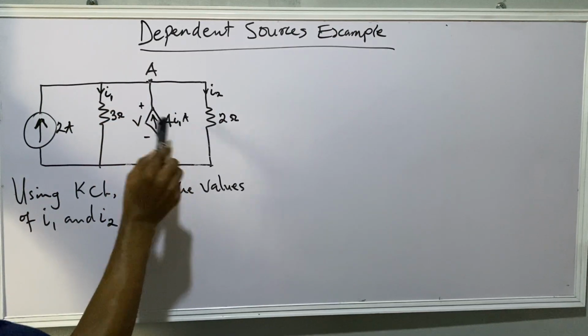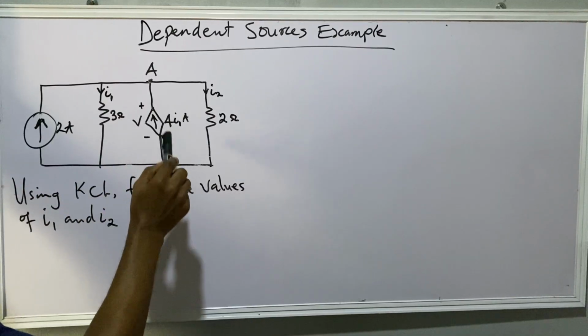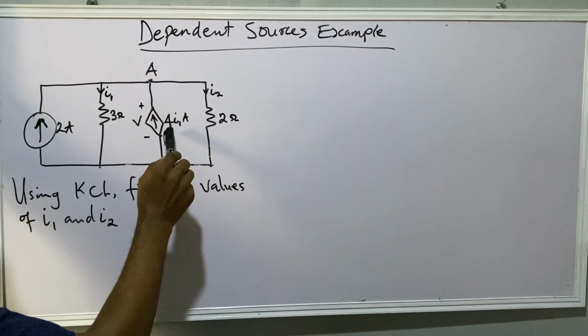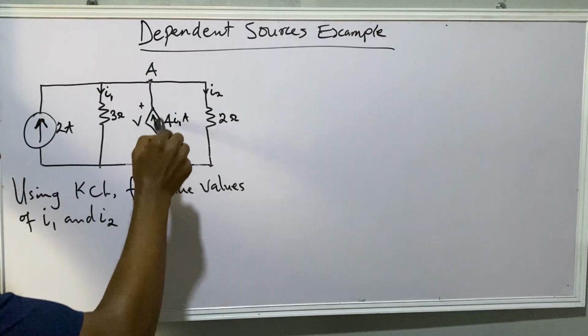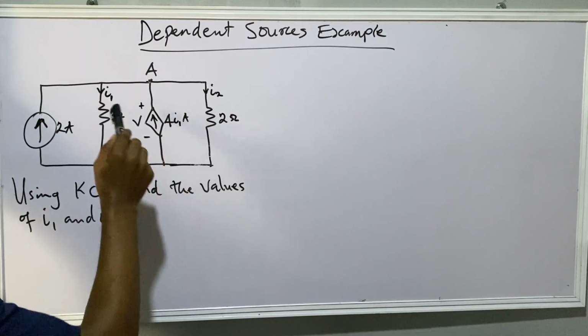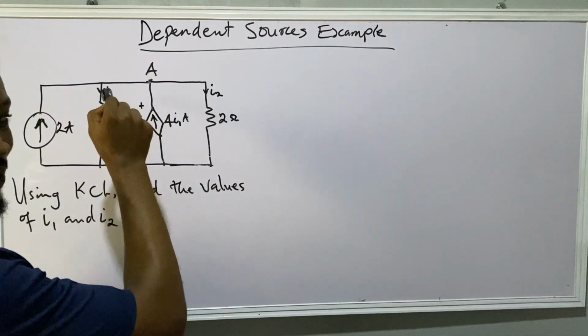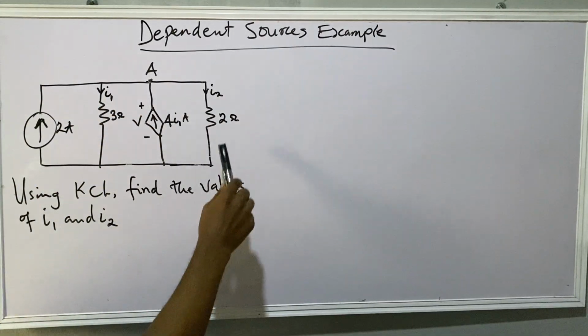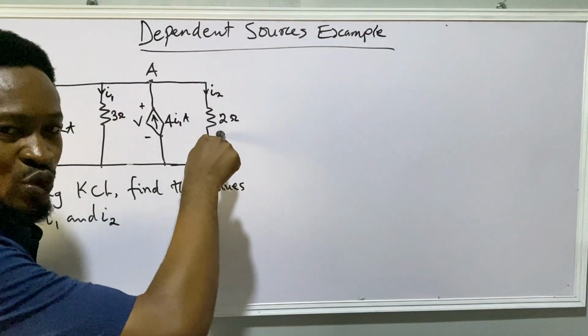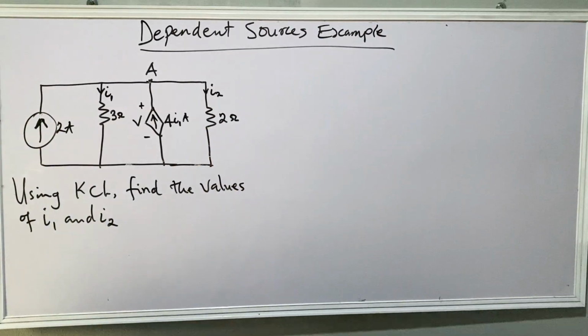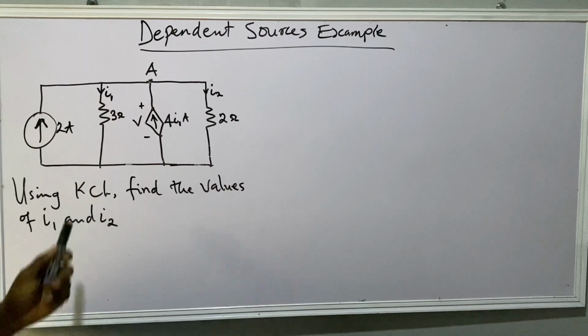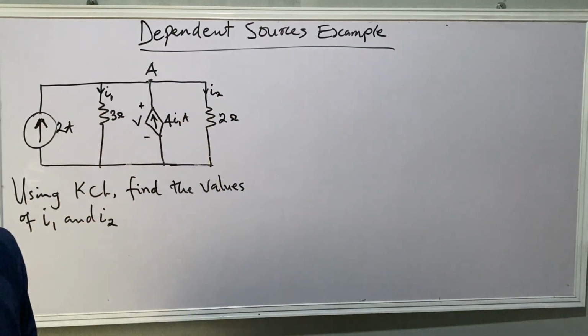That is why it is a current-dependent current source. Current is the source, but it's actually depending on another current, which is I1. And then here we have a resistor of 2 ohms. We are asked to find the value of I1 and I2.